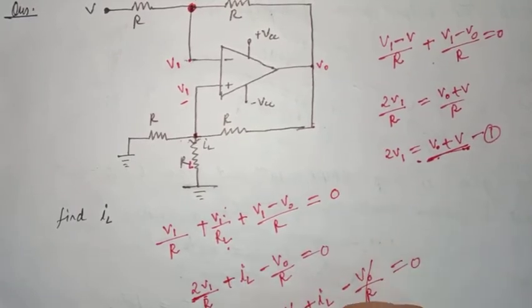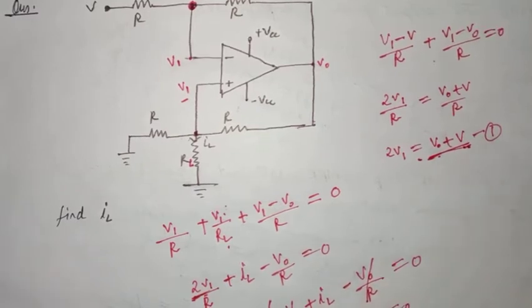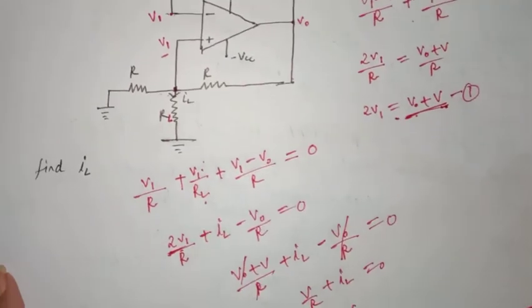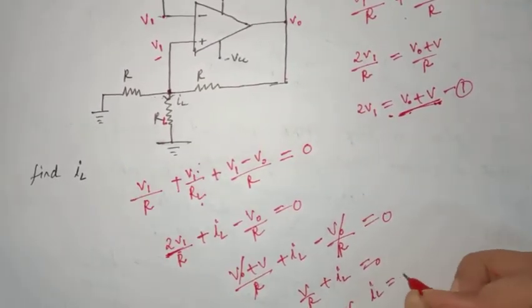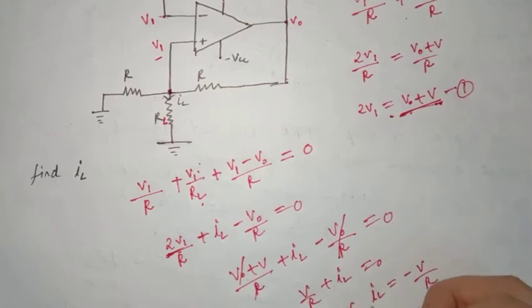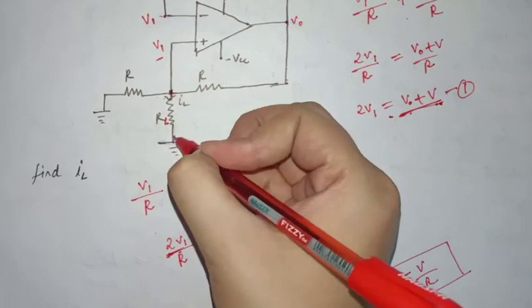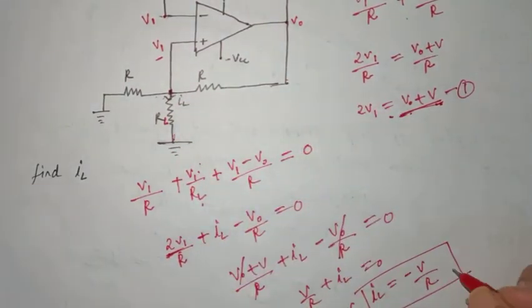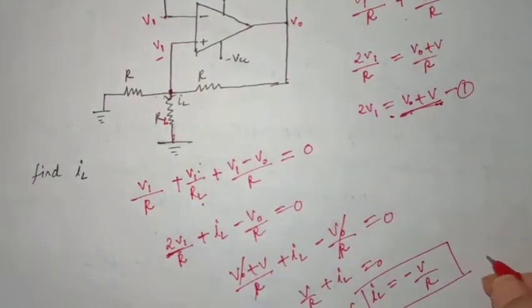V naught by R and V naught by R cancel. So from here we get V by R plus IL equals zero, and IL equals minus V by R. So this is the answer: the current IL is equal to minus the input voltage V by R.